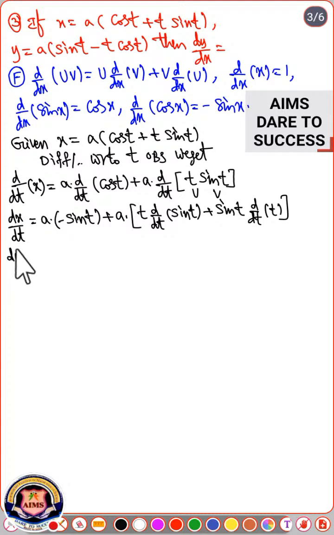So dx by dt is equal to a into minus sin t is minus a sin t, plus a multiply inside and try to simplify.